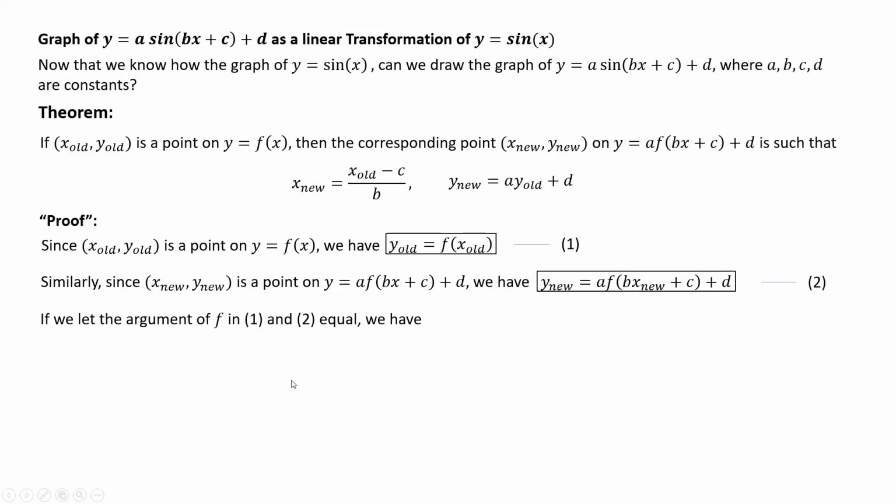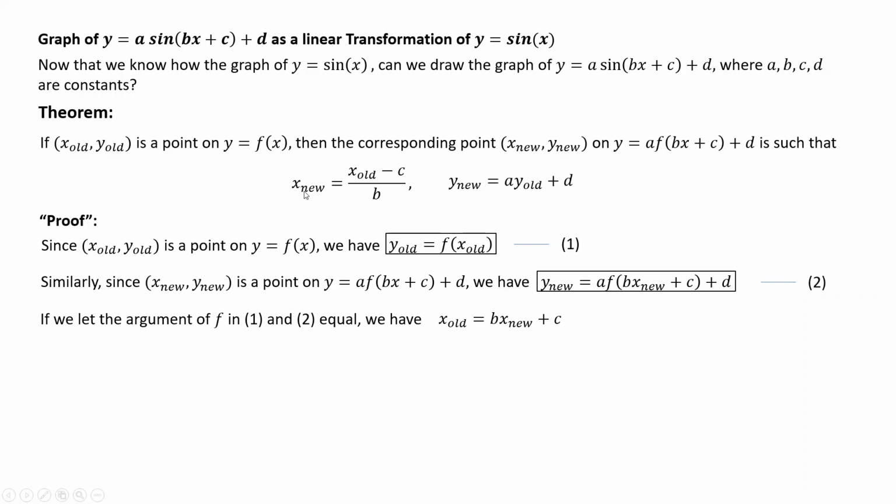If we let the argument of f in 1 and 2 be equal, we have x old equals b x new plus c. Cool? Wait. What's the big deal about that? The big deal is, what is it that we're trying to do? We are trying to find a formula for x new.